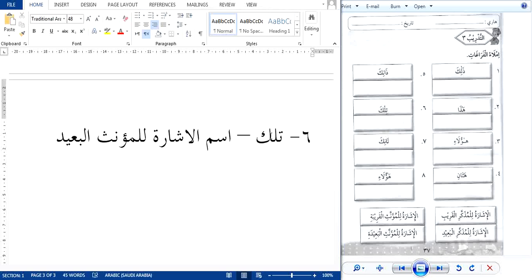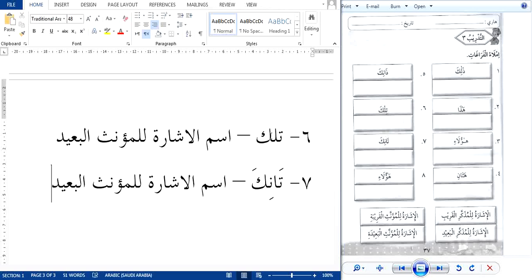And the next one, 7, تانك. تانك also is اسم الإشارة للمؤنث، للمؤنث البعيد.